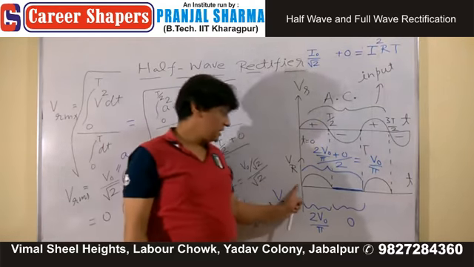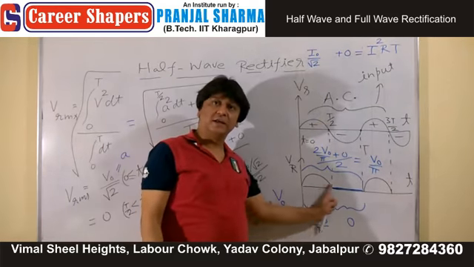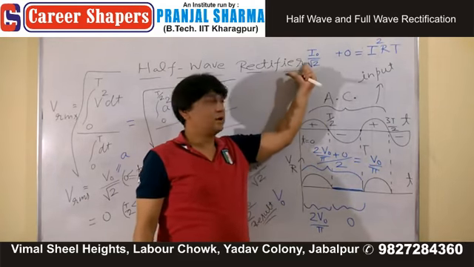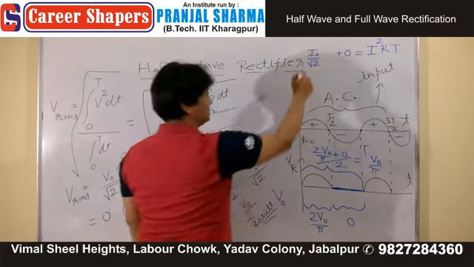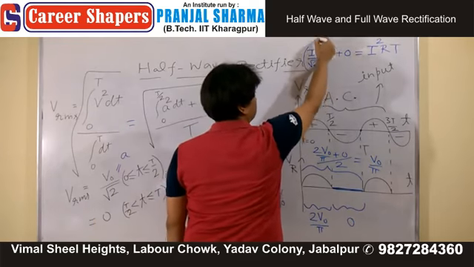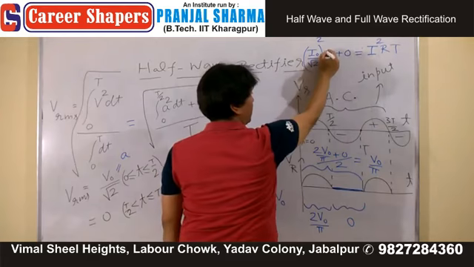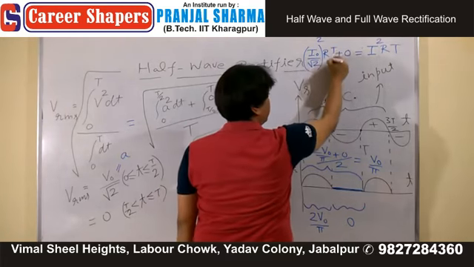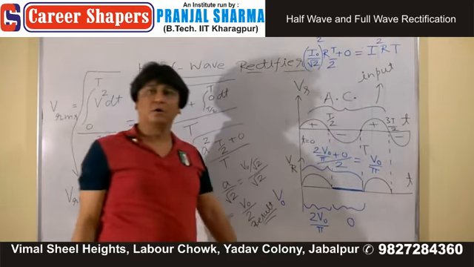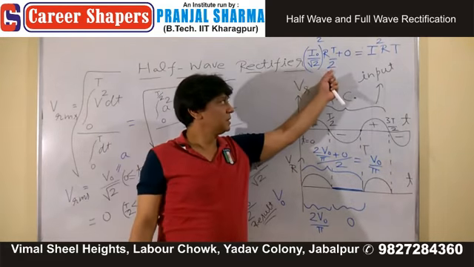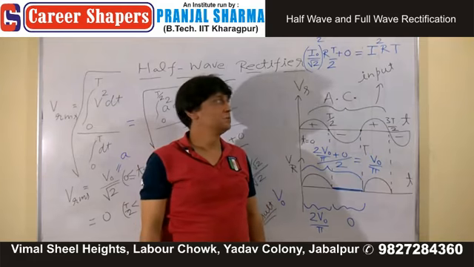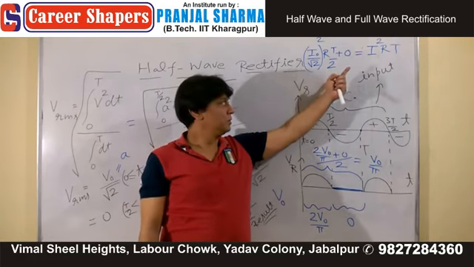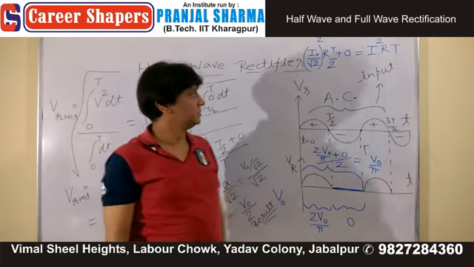This is the DC equivalent. Square of this multiplied by R. But now this current is only flowing for this much time, T by 2. This is the answer.